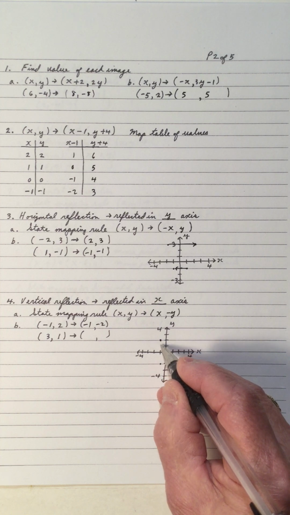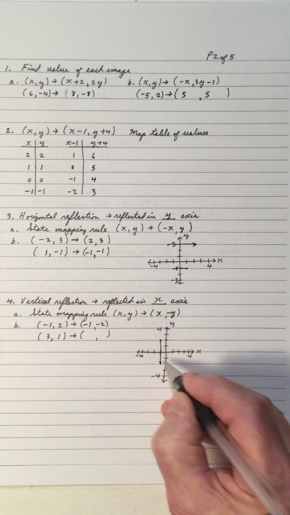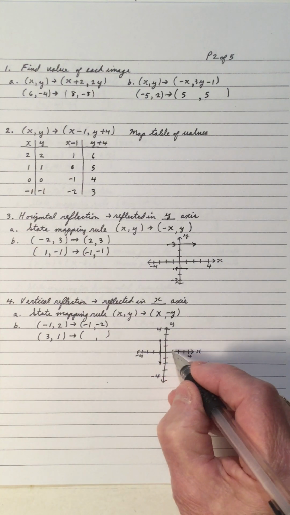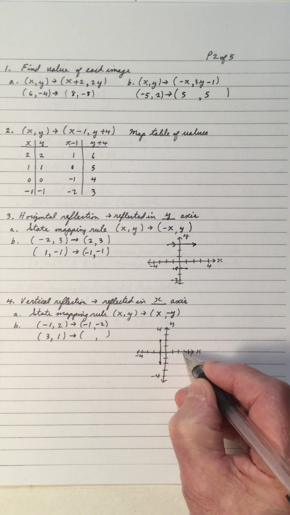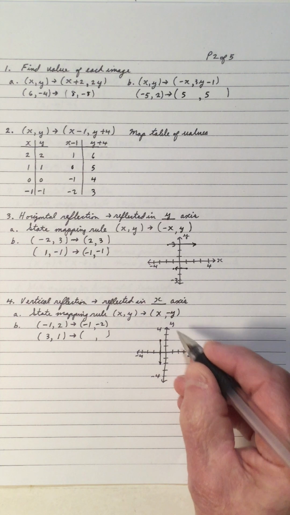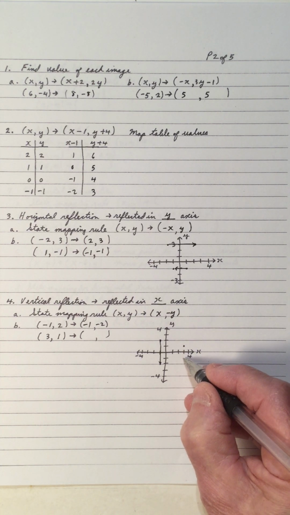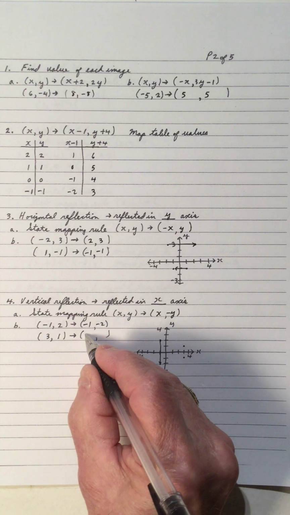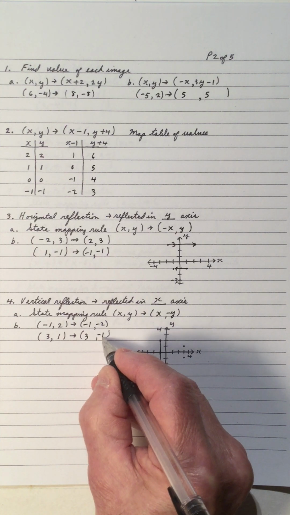So that's going from there, reflect down to there. And 3, x is 3, y is 1. That's right here. So when you reflect vertically, you move across here, you go to here. So the 3 doesn't change, but the y does.